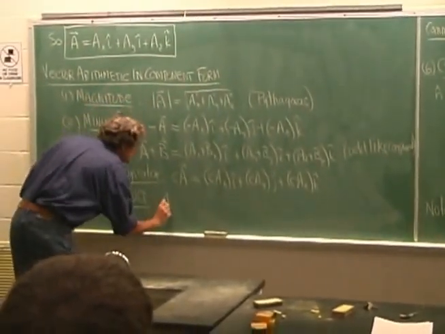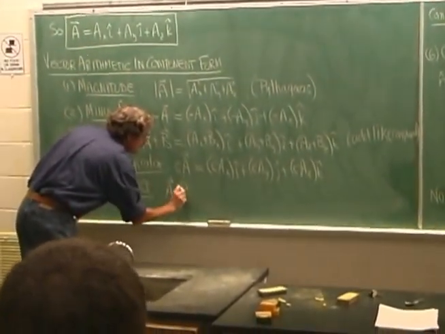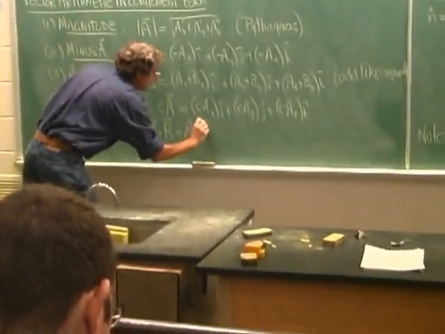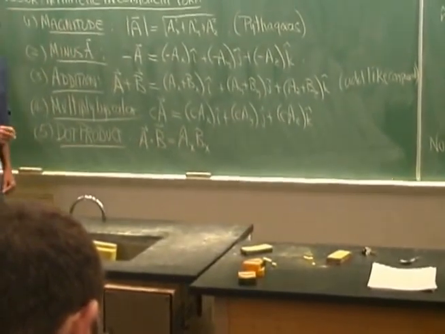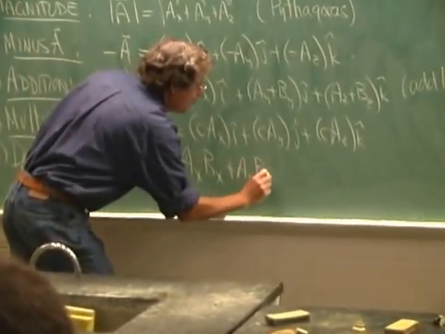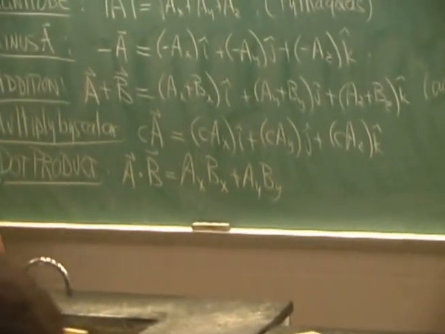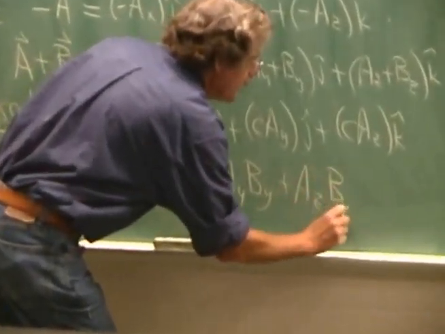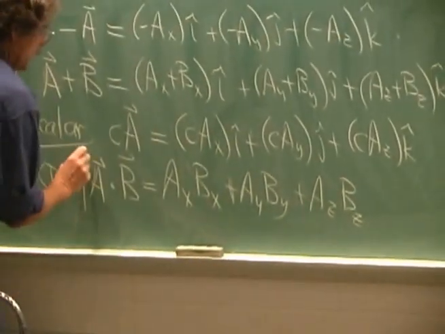The answer is that a dot b is equal to ax bx, the product of the x components, plus ay by, the product of the y components, plus az bz, the product of the z components.